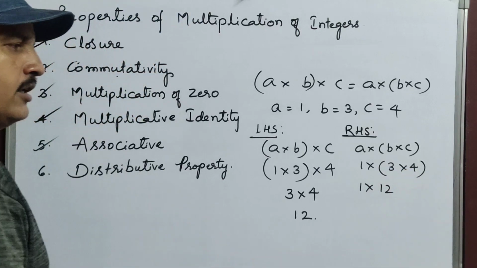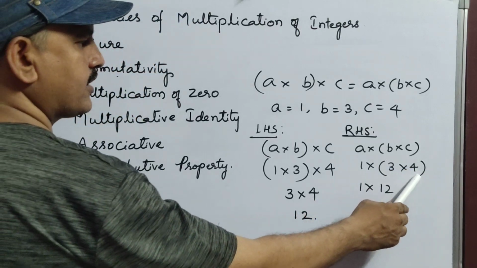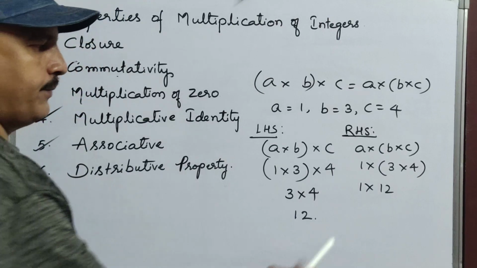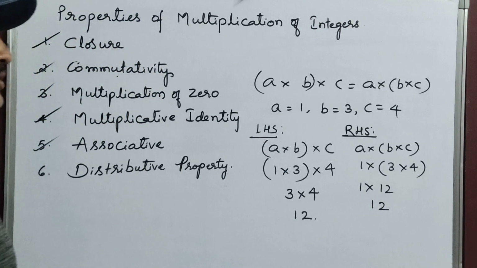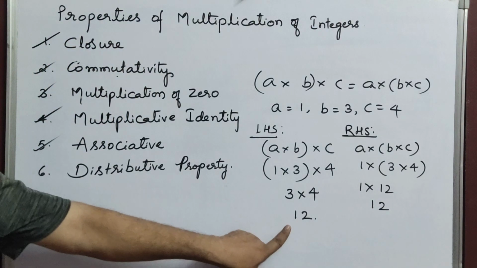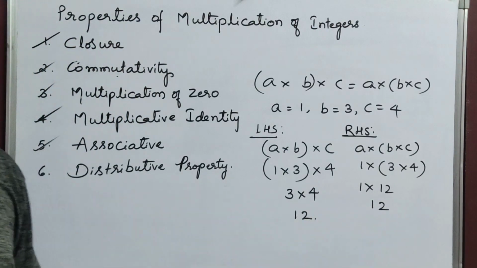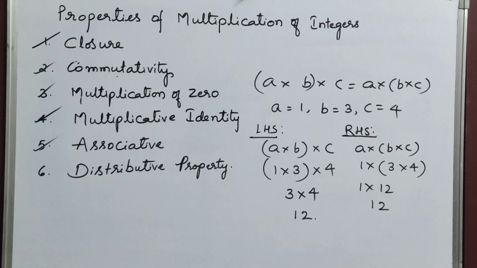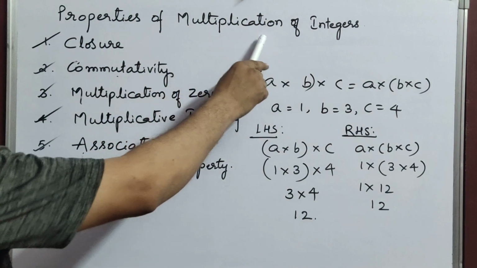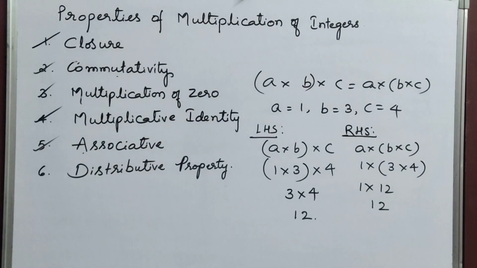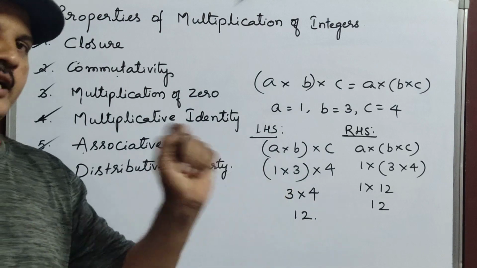As I told you earlier, we have to simplify what is there in the bracket. Now if you clearly observe here, LHS is 12 and RHS is also 12. That means both are equal. That means the associative property is applicable for multiplication of integers. If you did not get it, you may have a doubt.